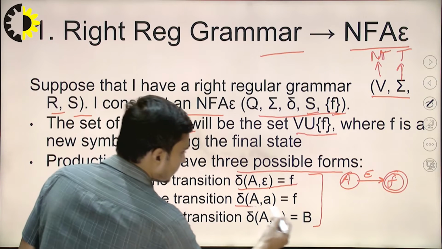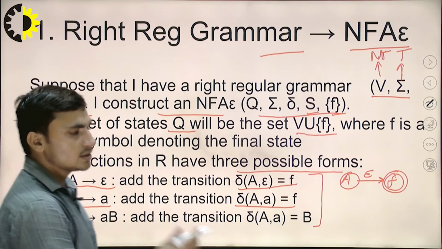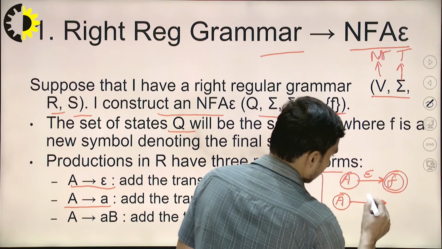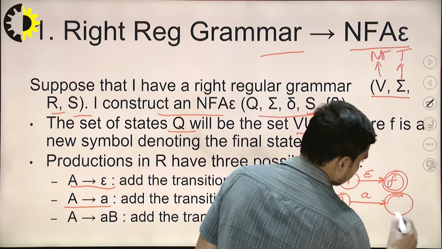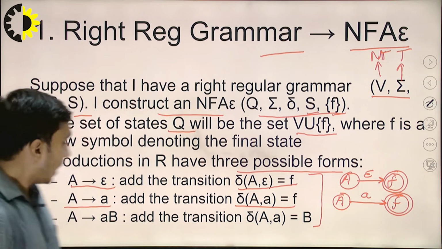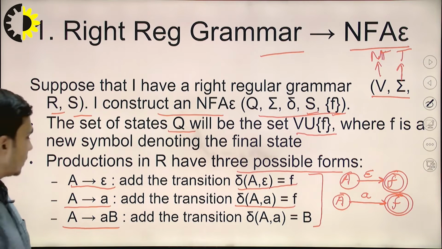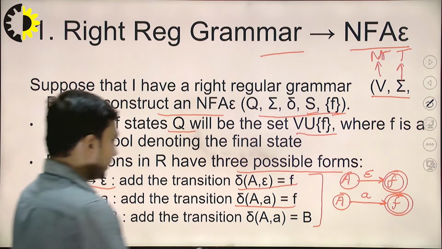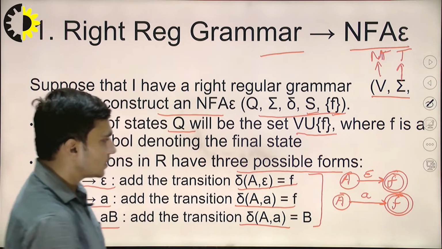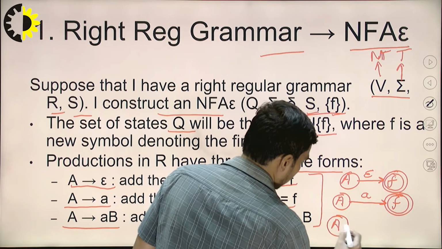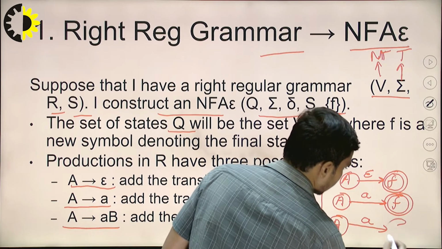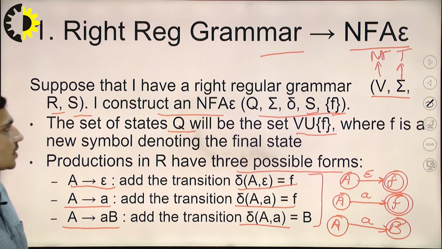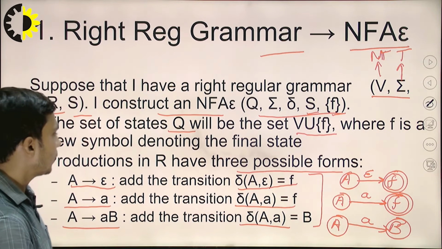In that case, we add a transition delta(A, a) = F. That means if we are at state A and read input a, then we reach final state F. For the third type of production rule, where we have a terminal followed by a non-terminal on the right side, A produces a B, we add a transition delta(A, a) = B. So, at A, on reading input a, we reach state B. By using these rules, we can create an NFA with epsilon for any right regular grammar.